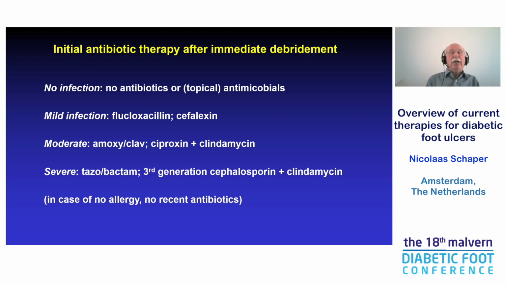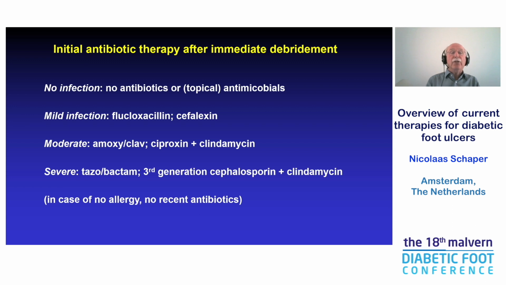The initial antibiotic therapy after immediate debridement should be, in a mild infection, flucloxacillin or cephalexin. The moderate infection, usually we treat with amoxiclav or with a drug that has better bone penetration, if you think that there might be an osteomyelitis, like ciprofloxacin or clindamycin, and severe is shown here.